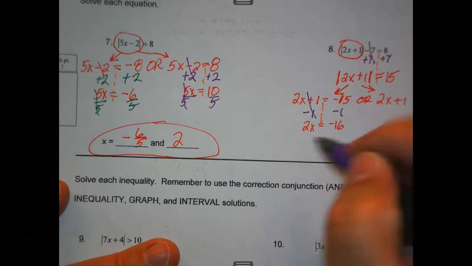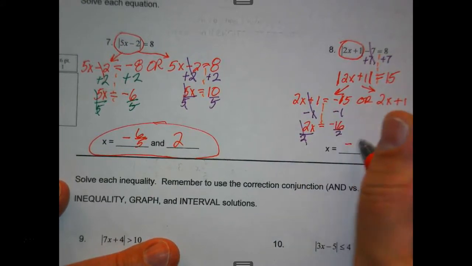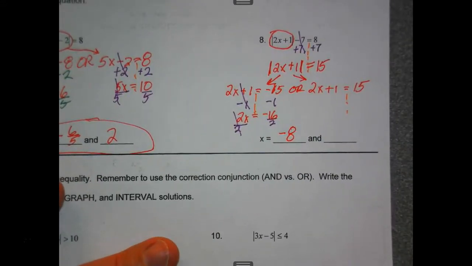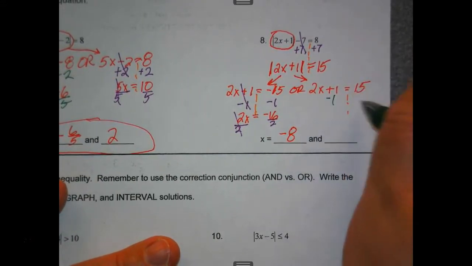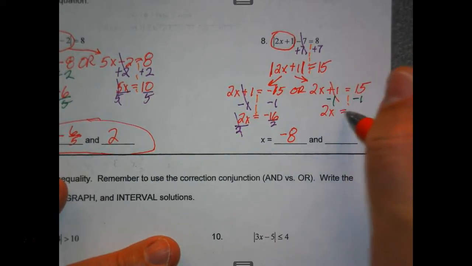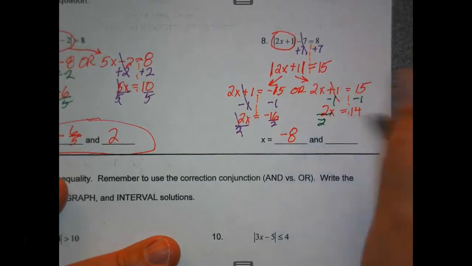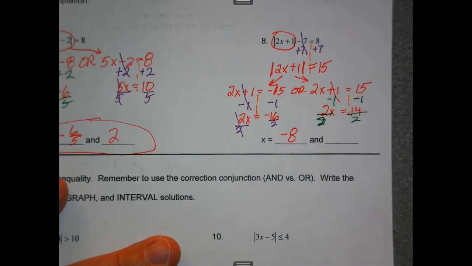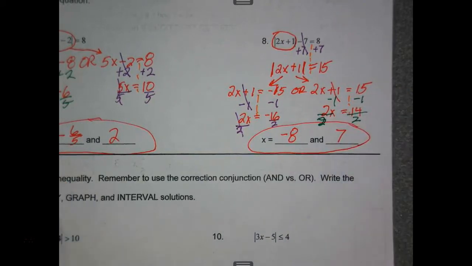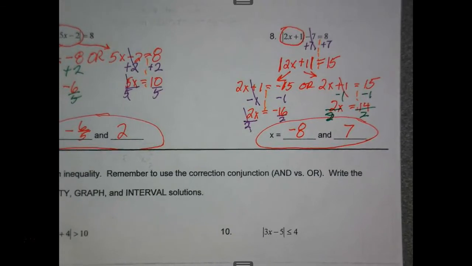Divide by 2, x equals negative 8. The other equation, subtract 1, subtract 1. Good. Absolute value equations, probably one of the easier sections.